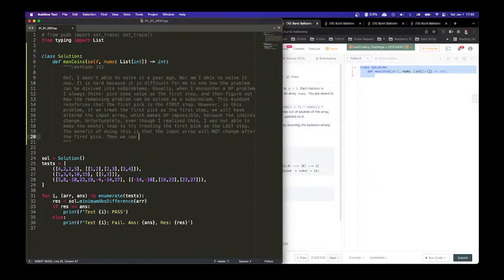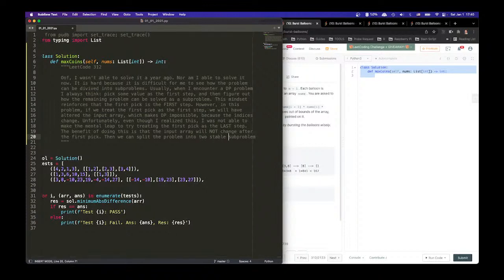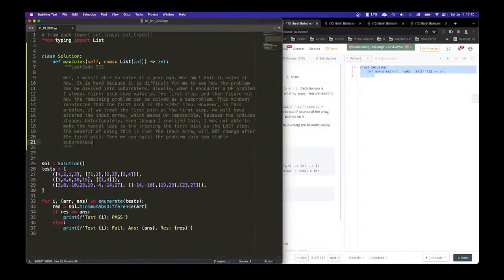Then we can split the problem into two stable sub-problems, and the solution is quite straightforward from there.